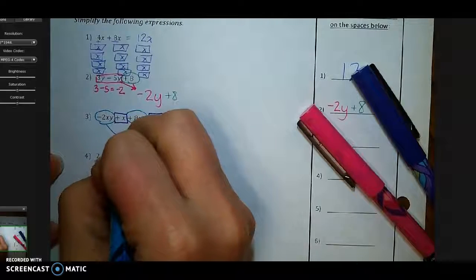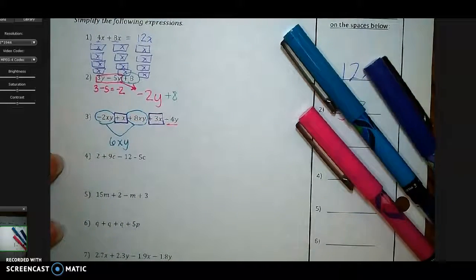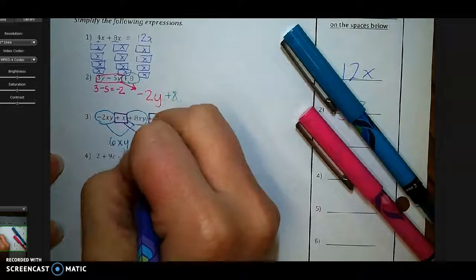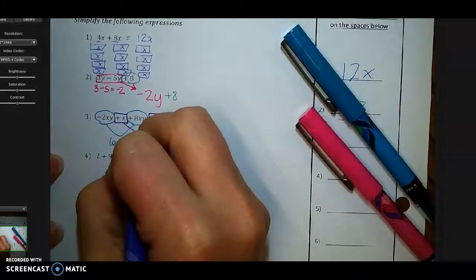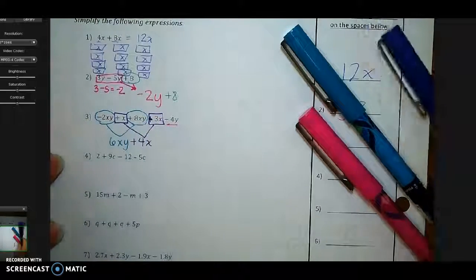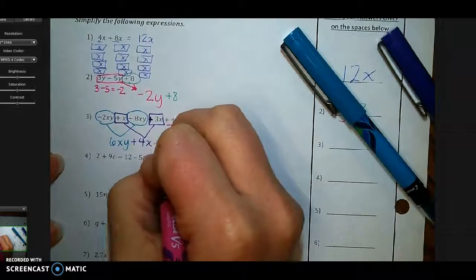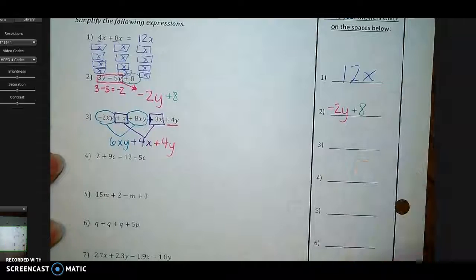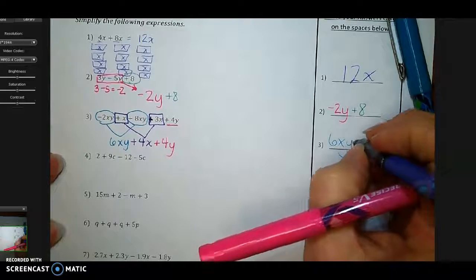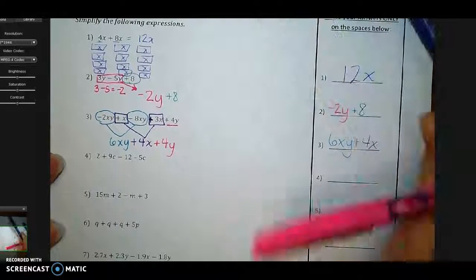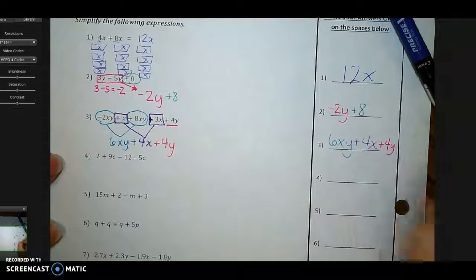So that gives me a positive 6xy. My x's then, I have 1 and then I added 3 more and it's a positive 3 there, so plus 4x. And then plus 4y. So 6xy plus 4x plus 4y.